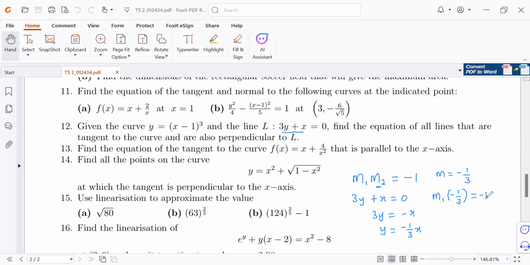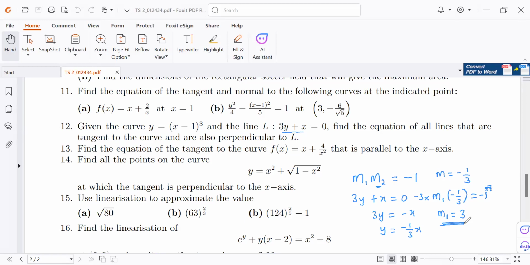So if we multiply by -3 on both sides, we're going to have m1 equal to +3. So we want the lines that are perpendicular to this line to have this gradient. m1 is equal to 3. That's the first thing to do.